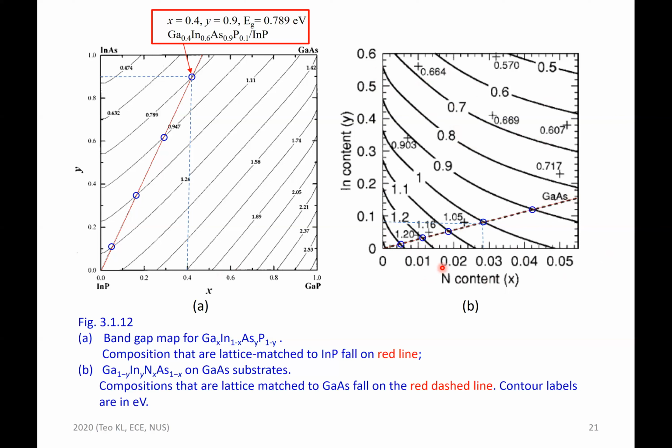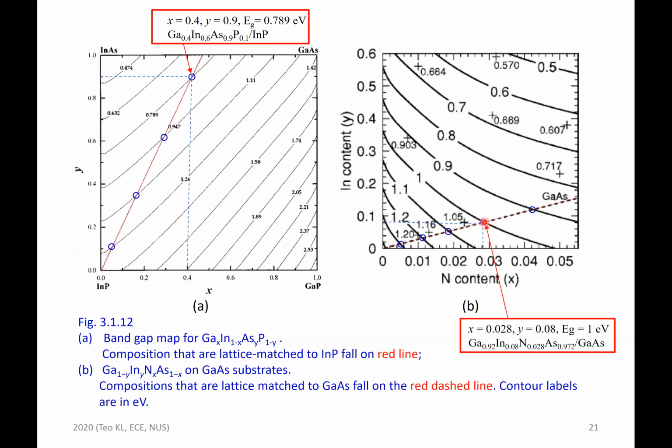So if I have this point, basically the intercept here gives me 0.028 of x, and the y-axis gives me 0.08, and this is the 1 eV contour line.